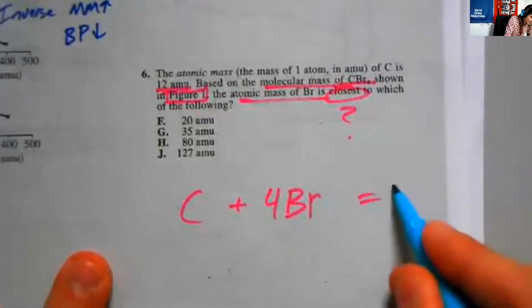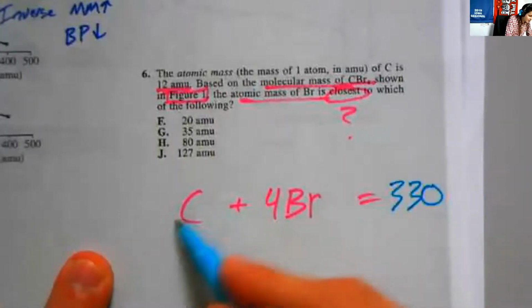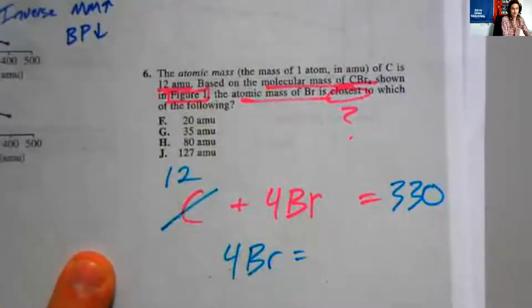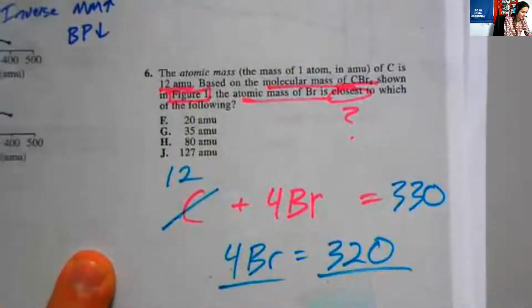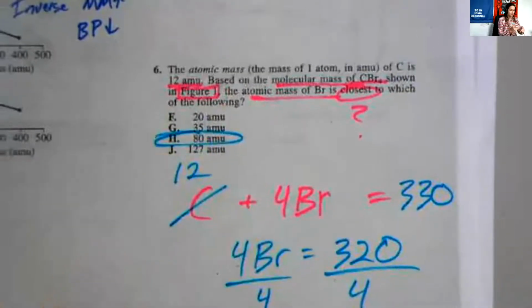So I'm telling you that the total mass of this CBr4 thing is 330. And we just told you that C was 12. So 4 bromines is going to be, let's make our math easier, and instead of putting 318, let's put 320. Why would I do that? Because I can divide both of those very nicely by 4 to get my answer that will be H80. That one, I do not expect people to get.